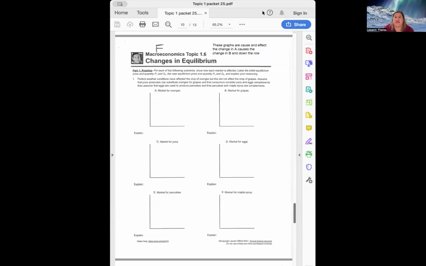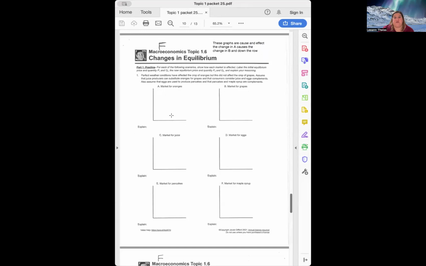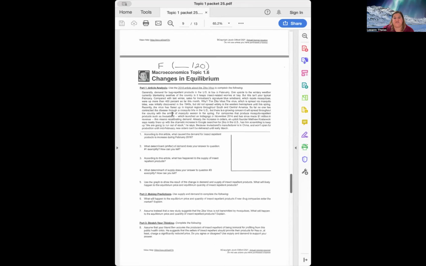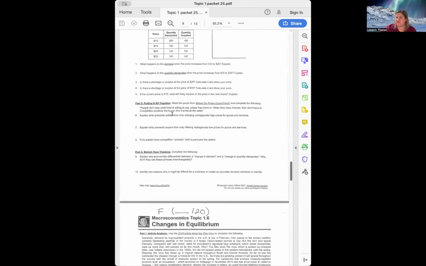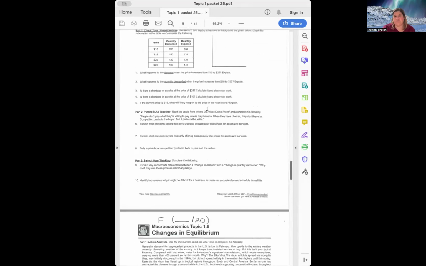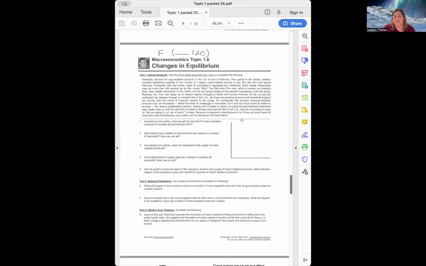Okay, let me just show you one quick thing on your topic packet and then I'll stop yapping at you. If you look at your topic packet, the first two pages are more like thinking it through. You don't have to do any graphs yet. Like one little graph right here, one little graph right here.